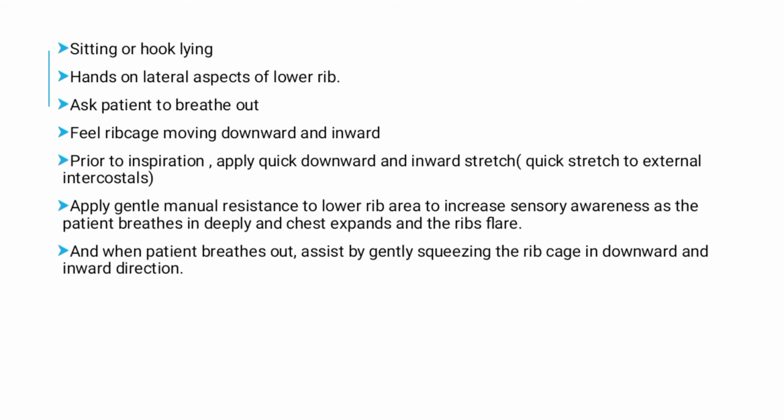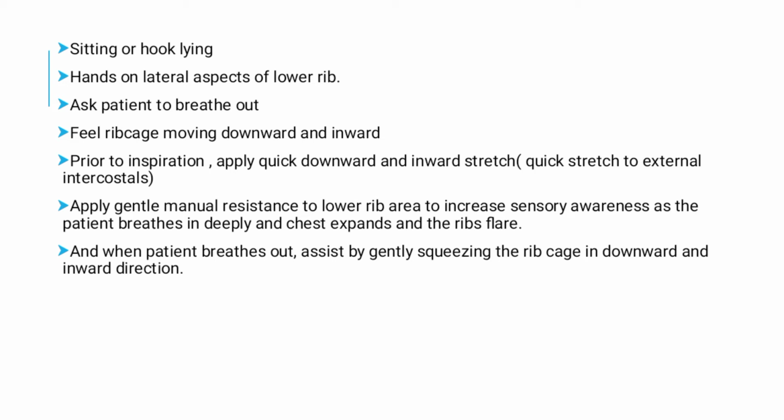And what is the procedure? So you make the patient either in sitting or hook lying, and you keep hands over the lateral aspect of the rib and ask the patient to breathe out and feel the rib cage moving downward and inward. Prior to inspiration, you apply a quick downward and inward stretch which stretches the external intercostal muscles.